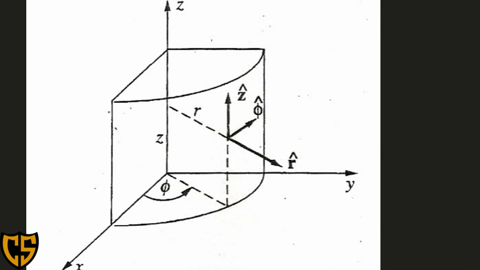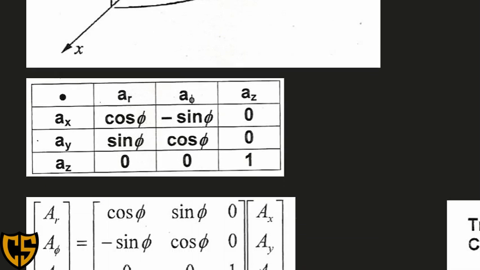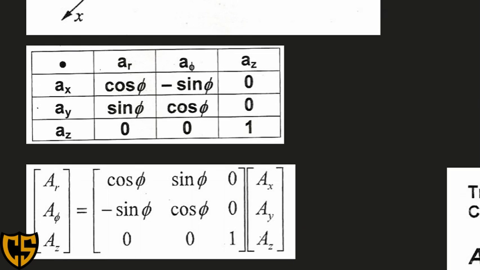So, for example, you have this representation of our vector. We already know how to represent it in our rectangular coordinate system. Take note of these concepts that we need to know when dealing with vector operations.